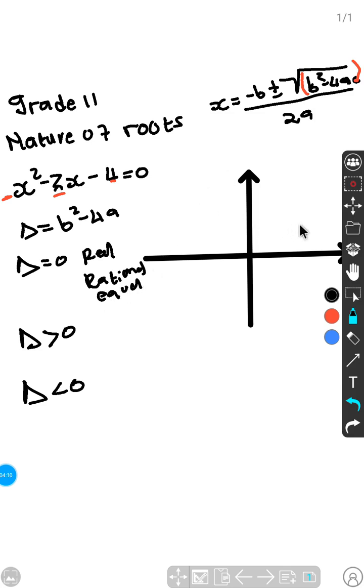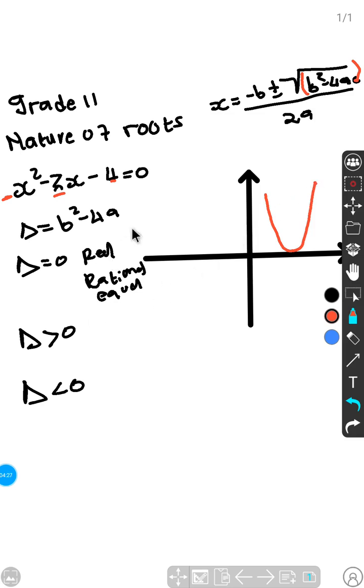So the graph is going to touch 1 point on the x-axis. We don't know where, but the graph is just going to touch the x-axis just once, and then move up.